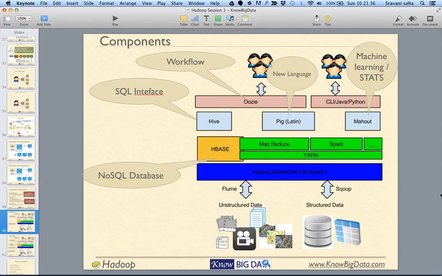Now, there are so many steps. There are so many steps. You cannot keep on doing it manually, and this has to be done every second day, right? That is where a workflow tool like Oozie comes into play.